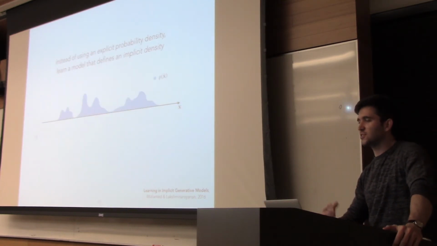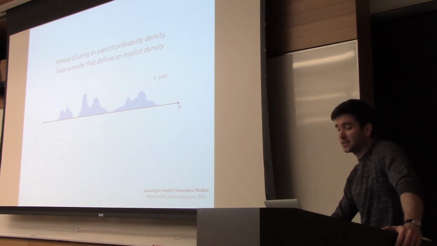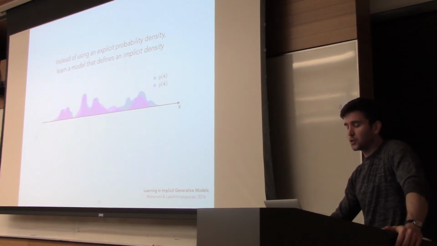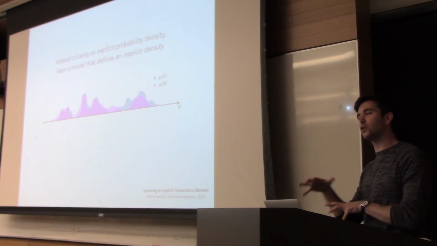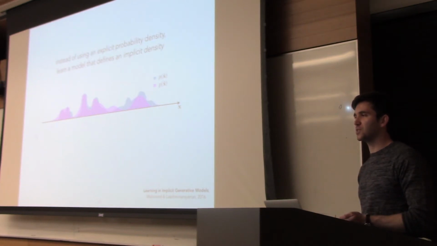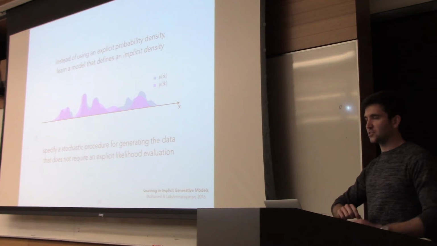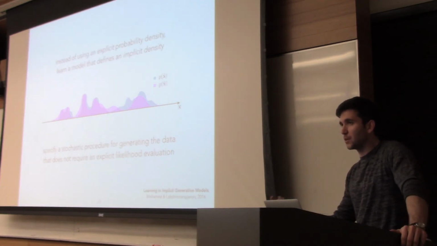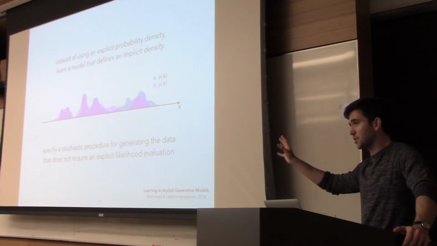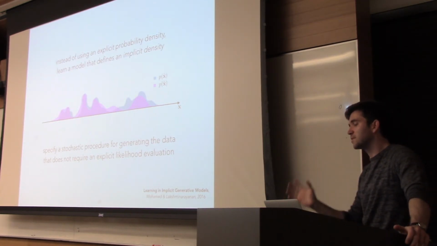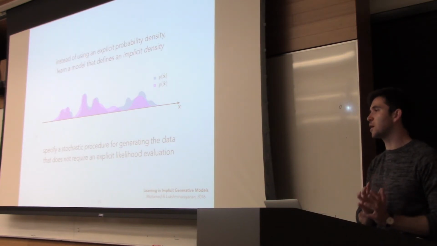If you had some true data distribution, P of x hat, you might learn a model that could draw samples from a distribution that's close to it, but is not explicitly representing this probability. You might represent, for instance, a stochastic procedure that would allow you to sample from this model distribution, and you can devise ways of training it to get as close as possible to the true data distribution.